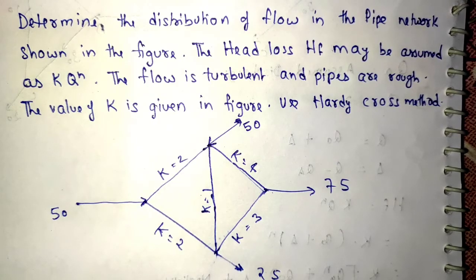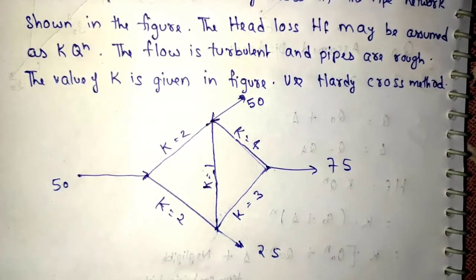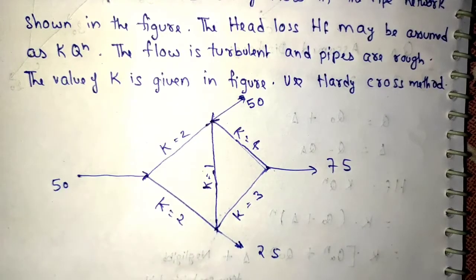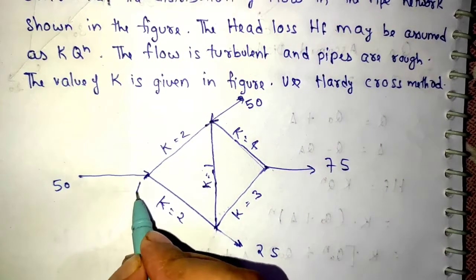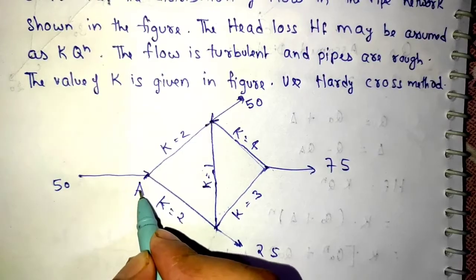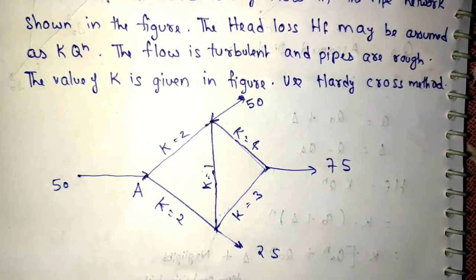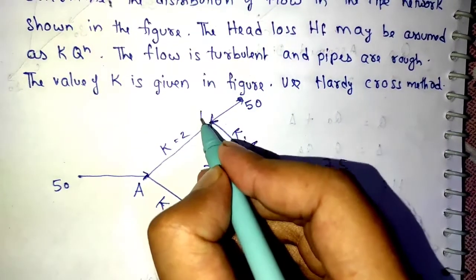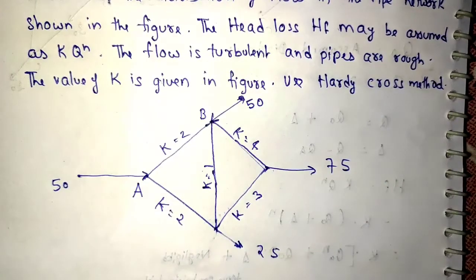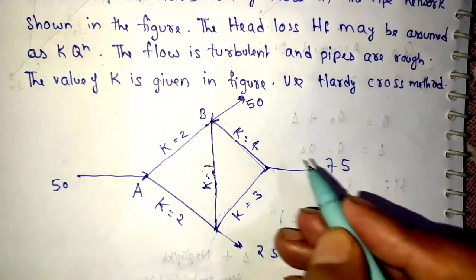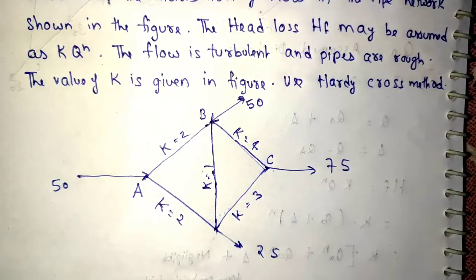What is the first step in solving this type of problem? The first step is marking the various node points. So we have marked this as A, we can mark this as node B, now we can mark this as C, and we can mark this as D. So we have marked all the node points as A, B, C and D, right?